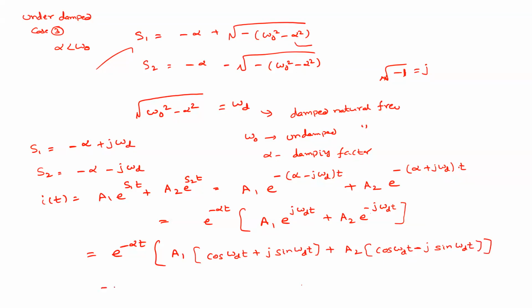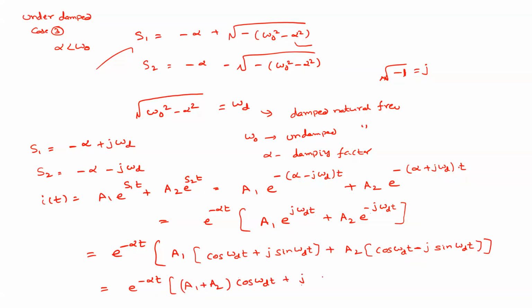If you rearrange these, e to the power of minus alpha t, cos terms and sin terms, it will be a1 plus a2 into cos omega d t, agree?